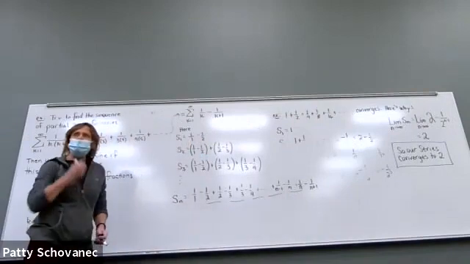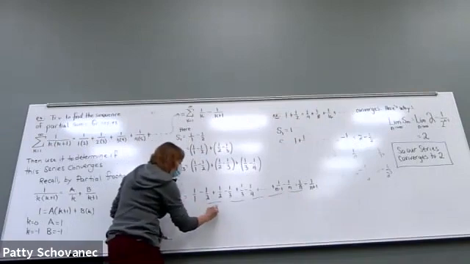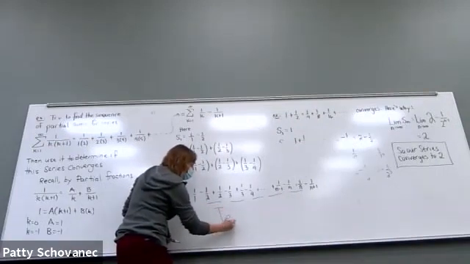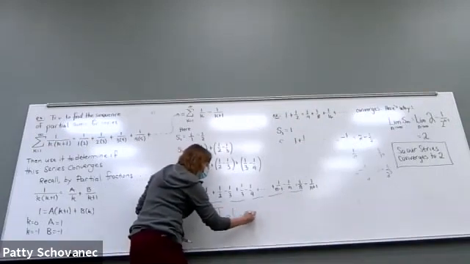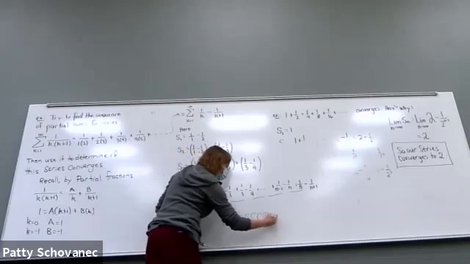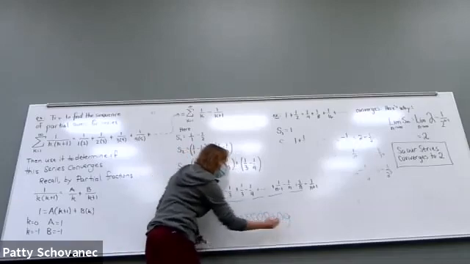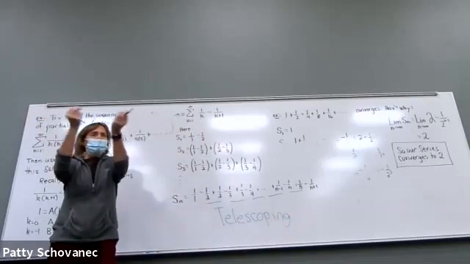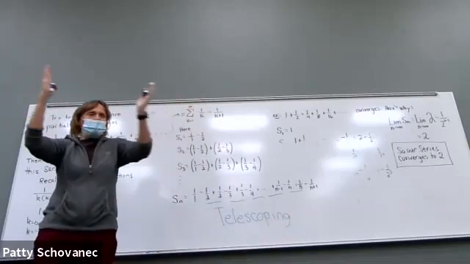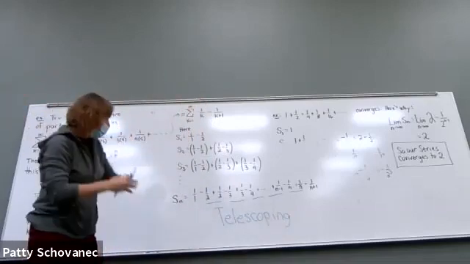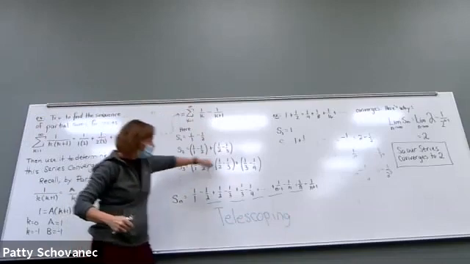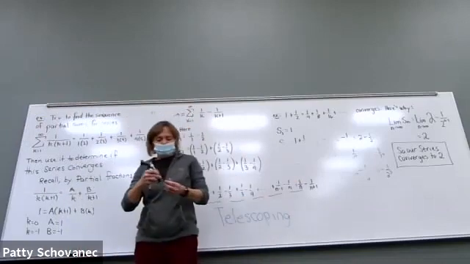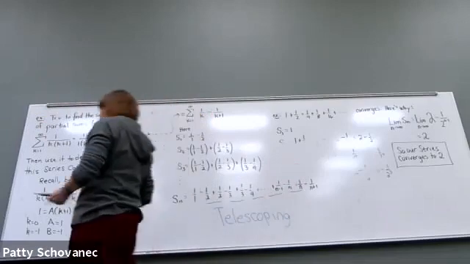This is an example of a sum that is said to be telescoping. All of the middle terms add each other out, and so this sum just collapses to 2 terms. This one and that one. And that's our general formula now for Sn.